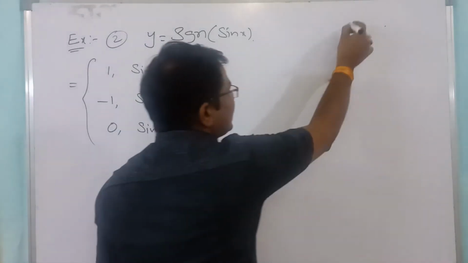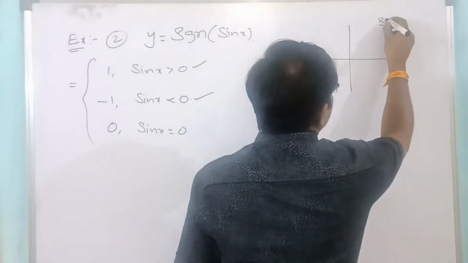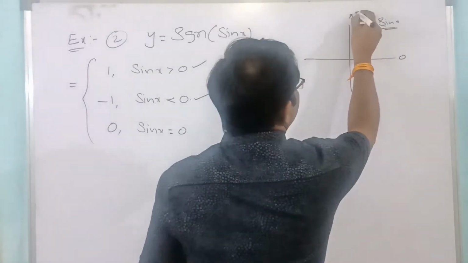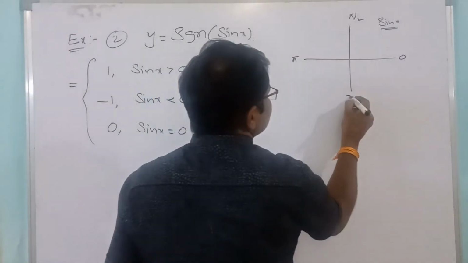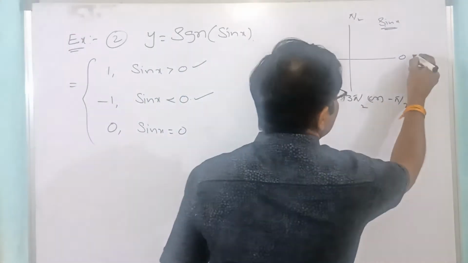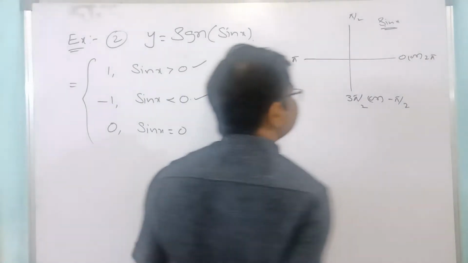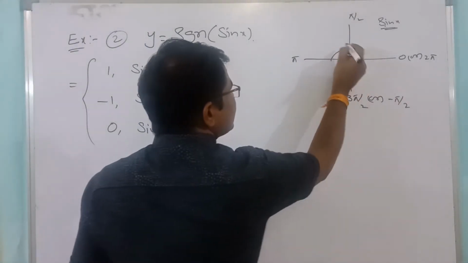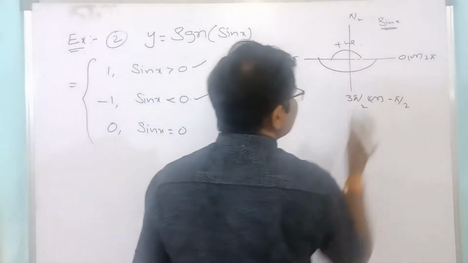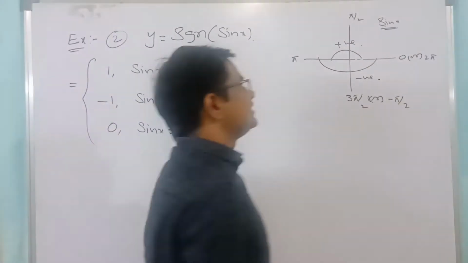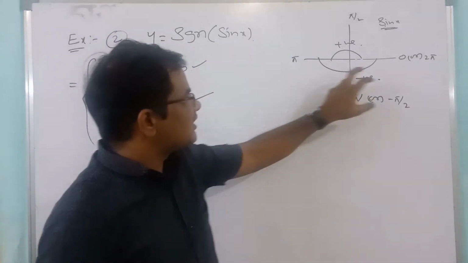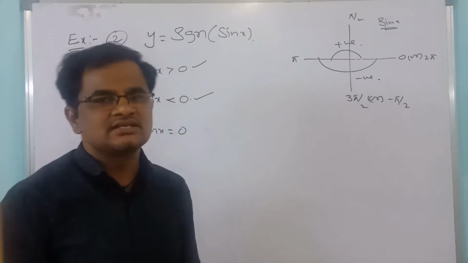We know that if you take the sin x graph, here 0, pi by 2, pi and 3 pi by 2, or here minus pi by 2 also, or 2 pi. From here to here sin is positive, and here to here sin is negative. In the third and fourth quadrants sin is negative.